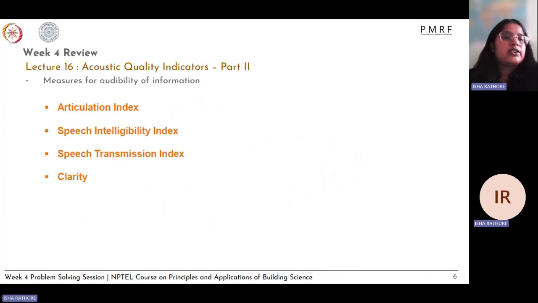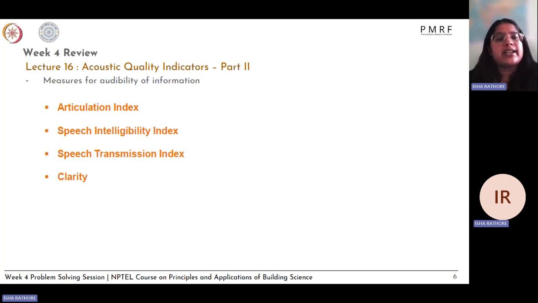So week 4, the first lecture was lecture 16, which looked at acoustic quality indicators. This is part 2 of the acoustic quality indicators. Lecture 15 from week 3 also looked at a few acoustic quality indicators. So we ended lecture 15 on these 4 measures for audibility of information.